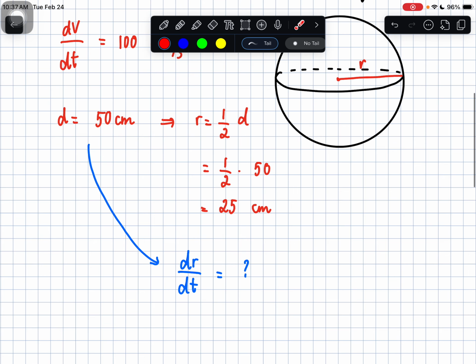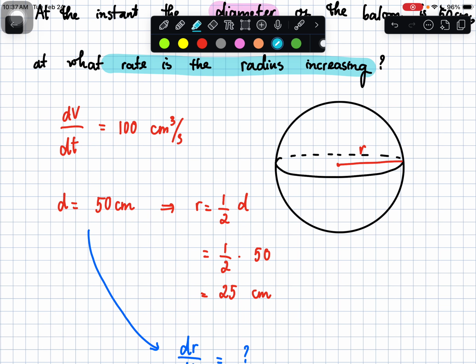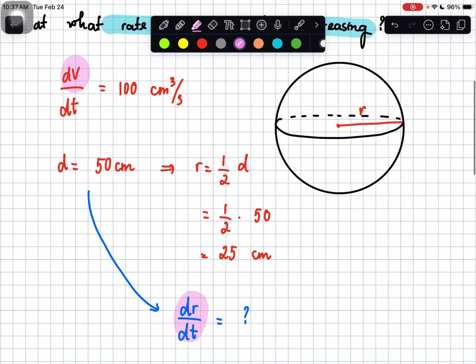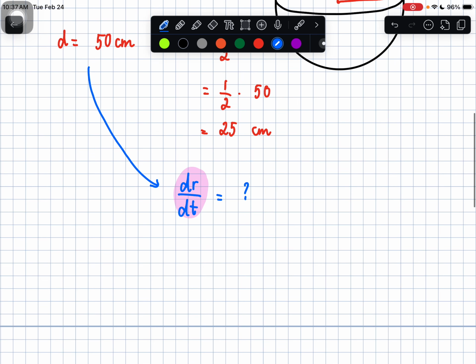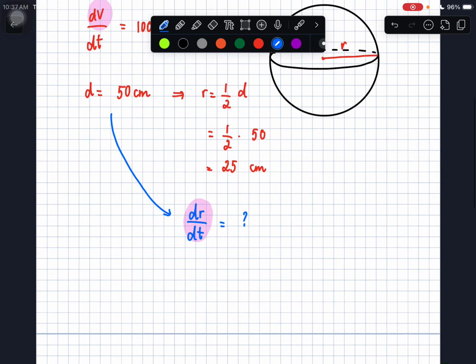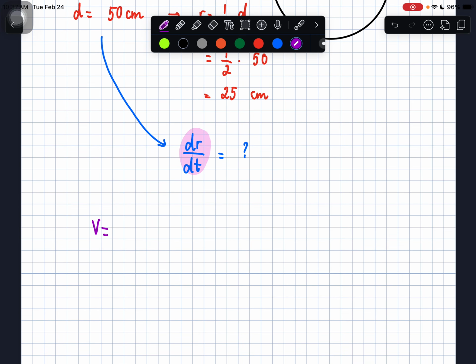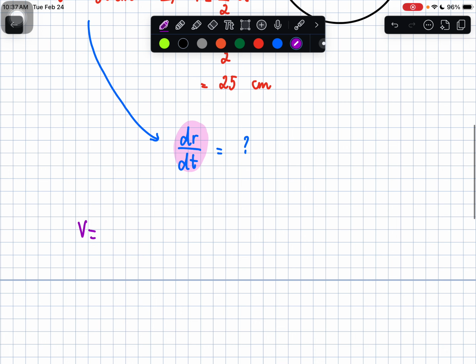So we need to set up the relation between the two quantities here, the volume and the radius. For spherical balloons, we have the formula volume equals 4 divided by 3 pi r cubed. This is the formula we will use in this example.